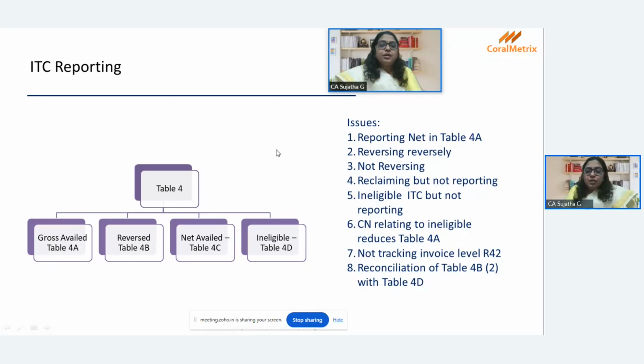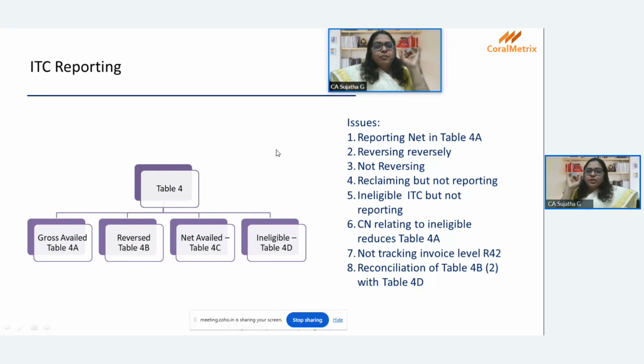But some of the taxpayers say, I am sure that this input tax credit is not eligible. I am sure that this is not required for me. I am sure that I do not want this to be availed.